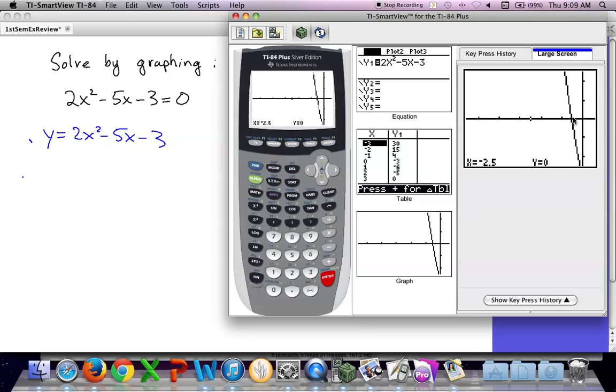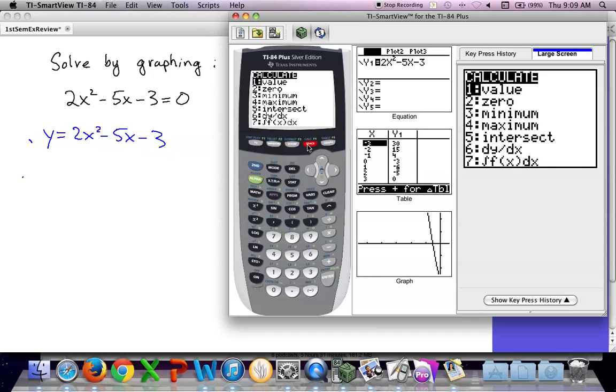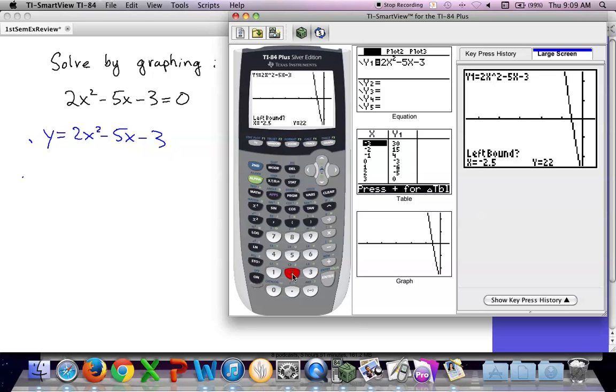The calculator will find that for you. If you look above the trace key, where it says calculate, second, calculate, and number 2 says zero. That's a zero, because we're looking for y equals 0. You go through these steps, which we went through once. The left bound means put in an x value which is to the left of what you think is the 0.